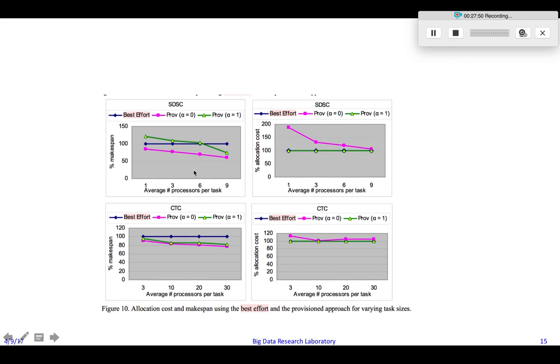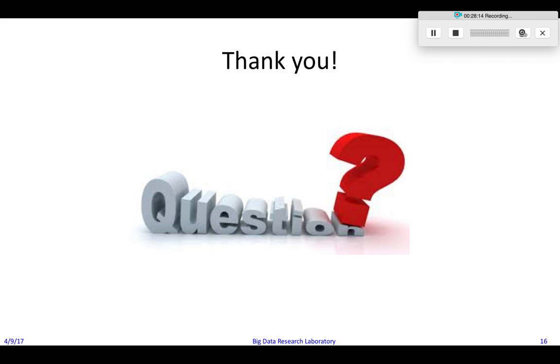The proposed approach will use the trade-off value to represent the upper bound and lower bound values for the makespan and allocation cost. And for the two clusters, as the task size increases, the application performance in the proposed approach improves relative to the best effort method. That's it. Thank you.